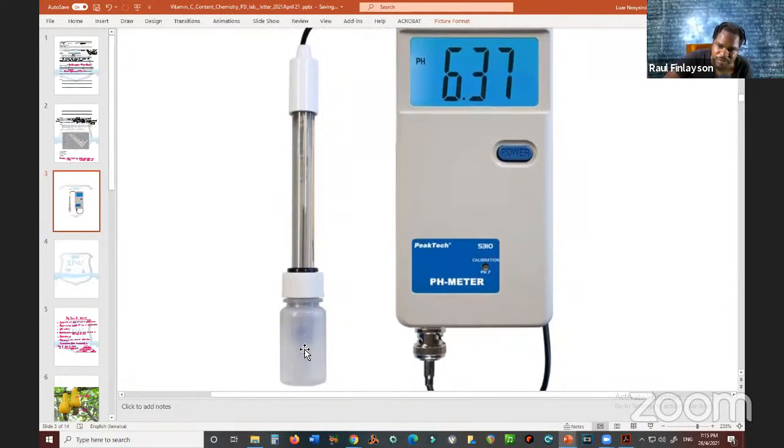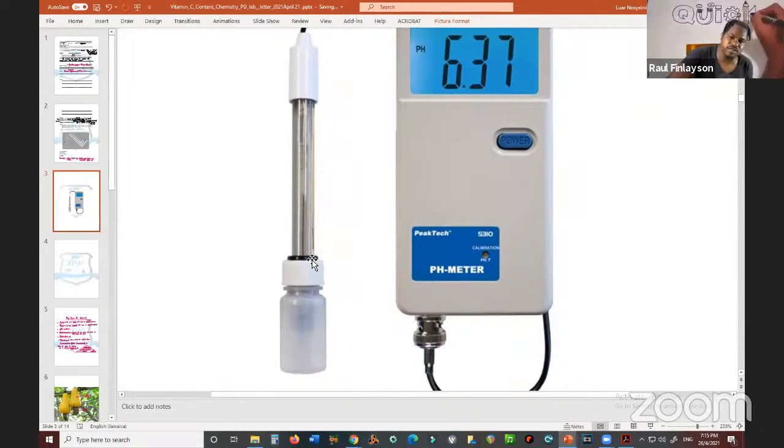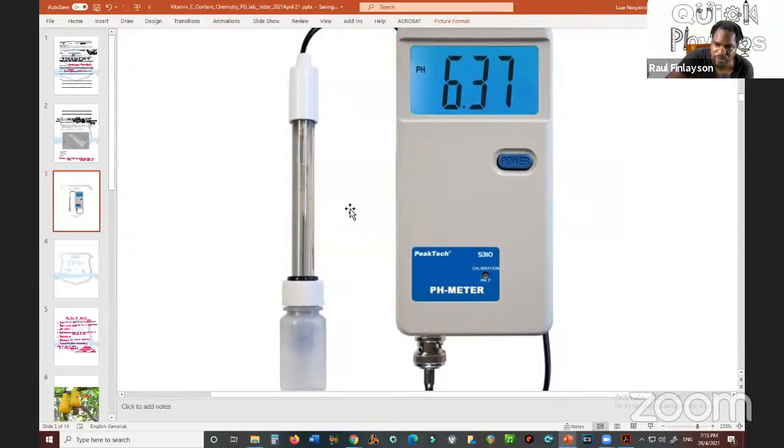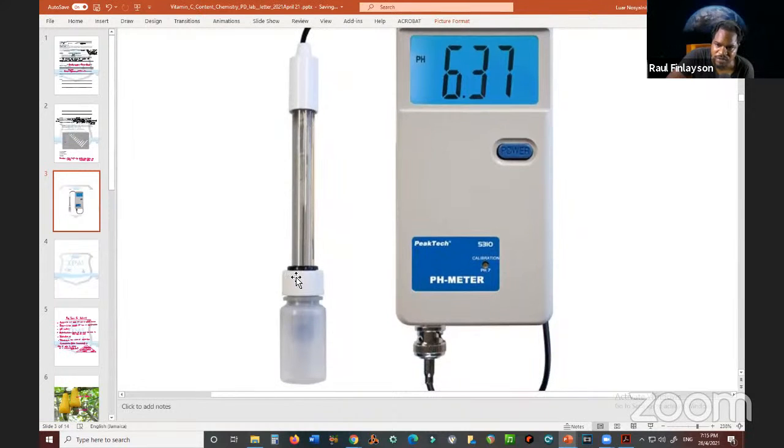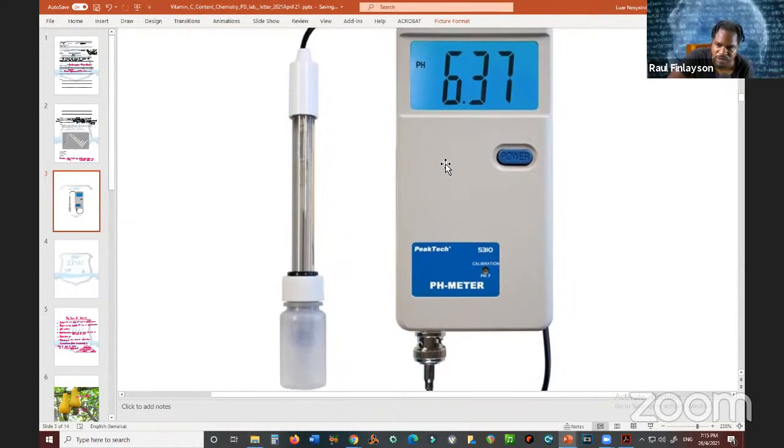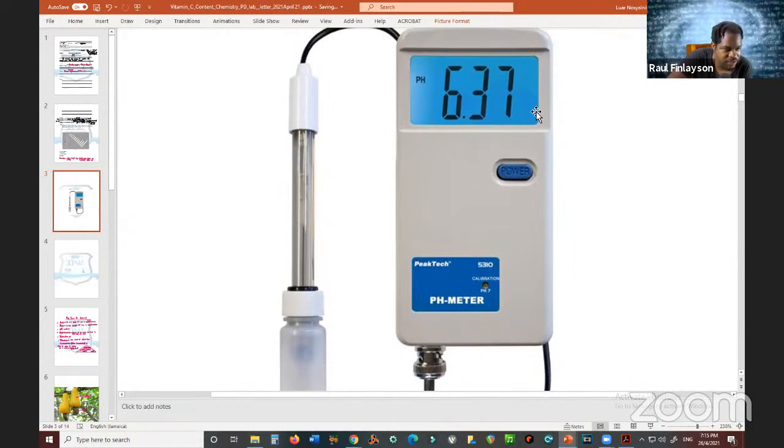You usually keep this part in a neutral solution to make sure that it stays neutral. But then this stick here, you just put it in whatever solution and it gives you a pH reading digitally on an LED screen here. And that's how you use it.